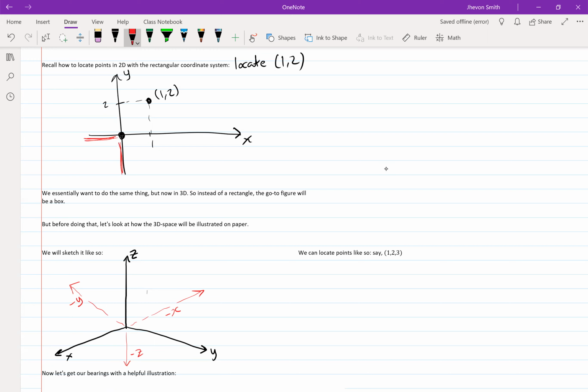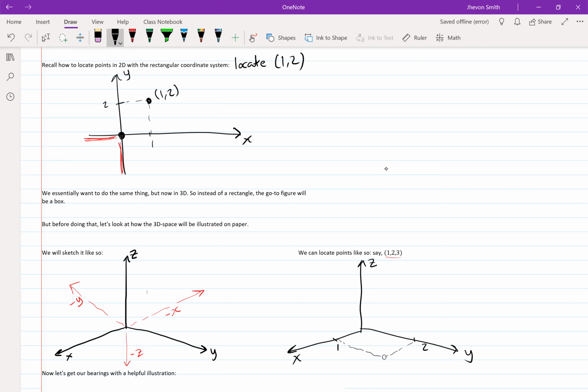Now, if someone were to ask you to locate the point 1, 2, 3 in the rectangular coordinate system, you would do it very similar to what we were doing here. You can draw that. You start by locating the 1 on the x and the 2 on the y, and you do the same thing, but now you imagine that these lines are being drawn on the floor.